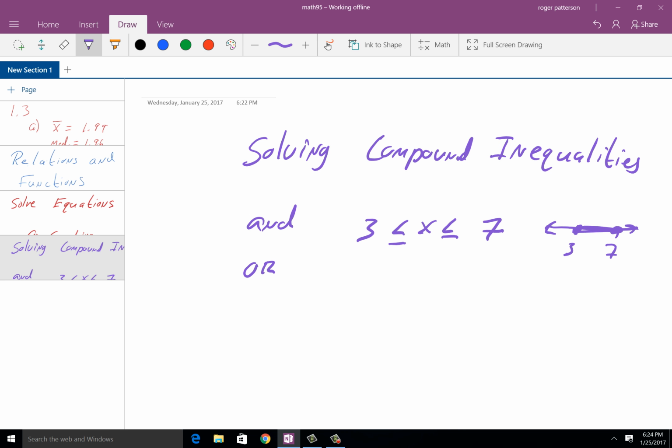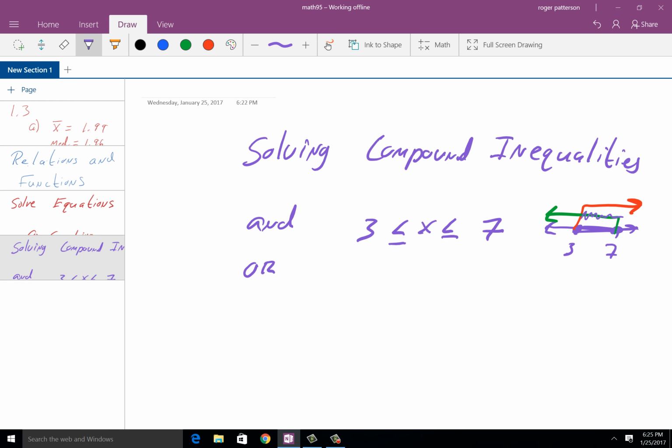To illustrate that with some colors, this one goes this way, and this one goes this way, so the overlap is what's in between there. When you're doing an "and" problem, it has to meet both conditions. You're looking for the overlap, which is usually going to be between there. That's an "and" problem.